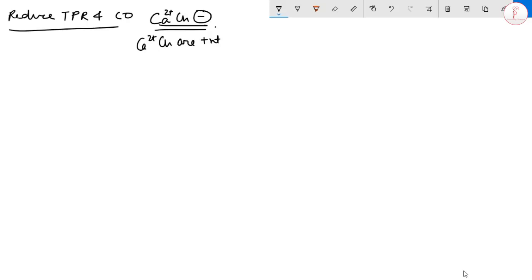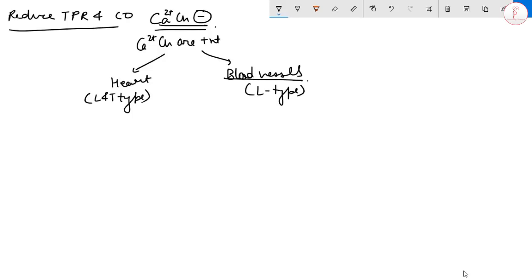Next approach is reducing total peripheral resistance and cardiac output. So for this, we can target the calcium channels. In our cardiovascular system, we have primarily two types of calcium channels: the one that are present on the heart and the other that are present on the blood vessels. Blood vessels hold the L-type calcium channels, and the heart holds both L-type and T-type calcium channels.